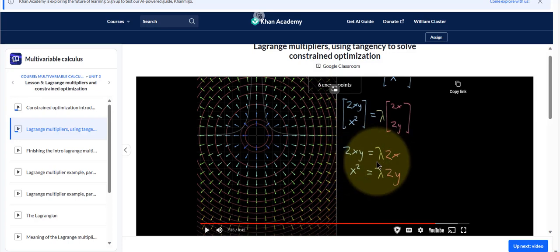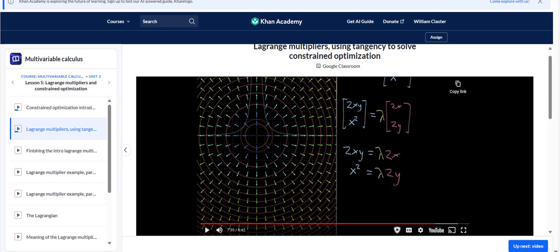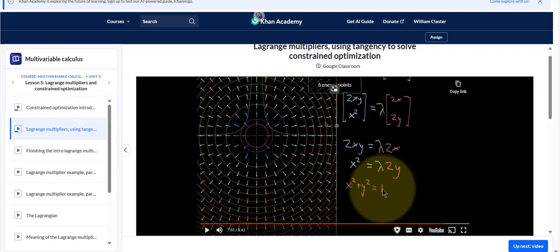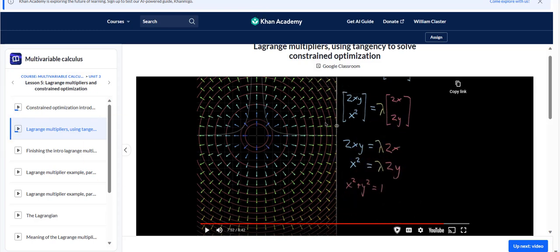So we don't actually have enough information written down here yet to make this solvable. But don't forget that we have one more equation, which is that. This is also part of the system. So now we have three equations and three unknowns. Probably we can solve this and find x and y, which is what we wanted to do.